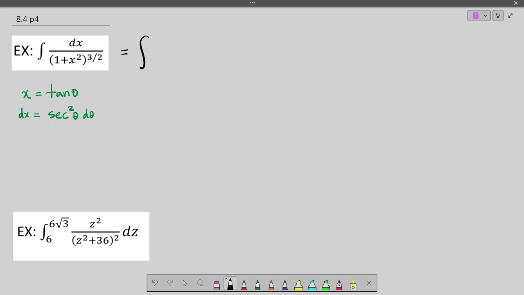Okay. So dx is secant squared of theta d theta. That's going to go in the numerator. And then down below, we have 1 plus tan squared to the 3 halves, so 1 plus tangent squared of theta to the 3 halves power.